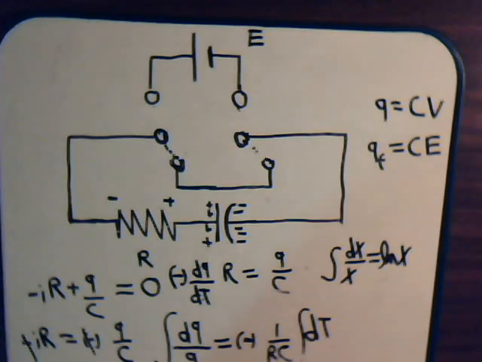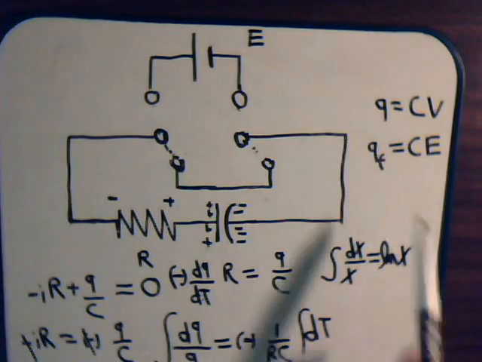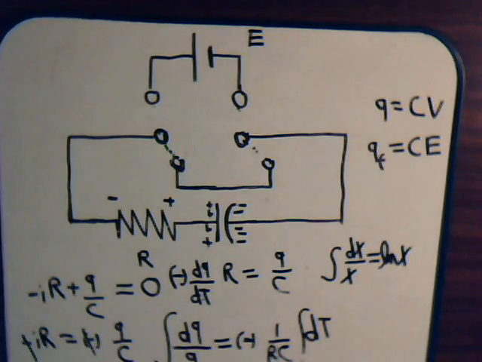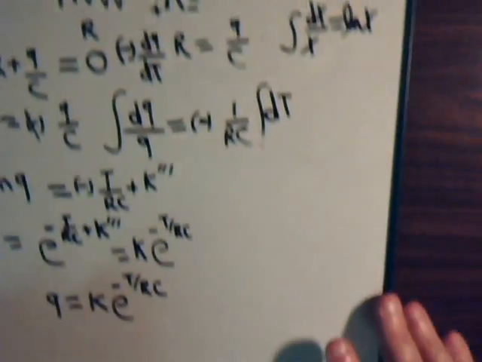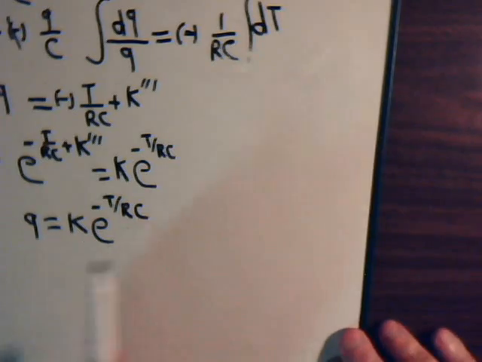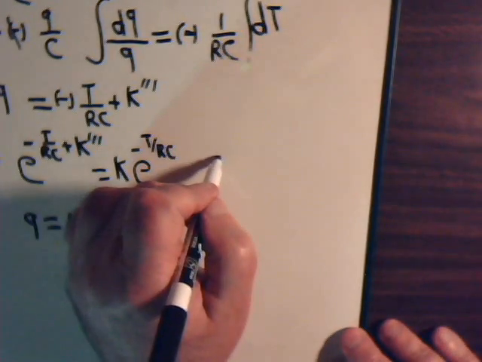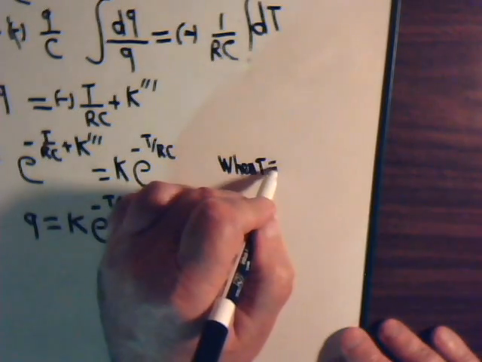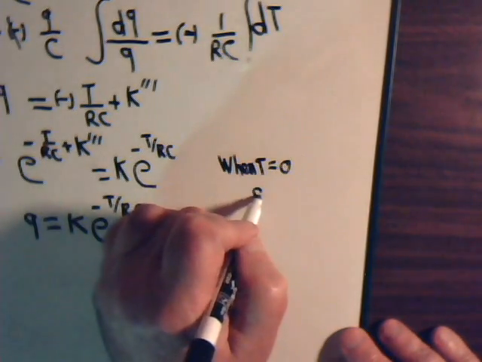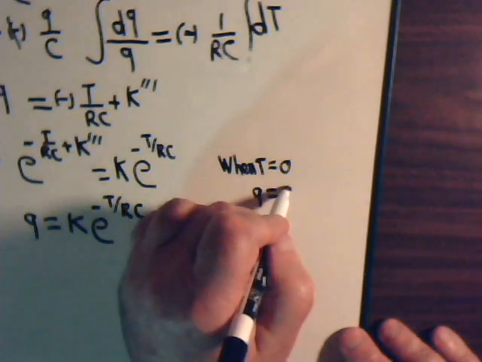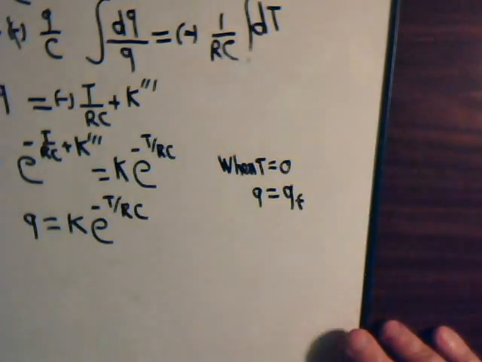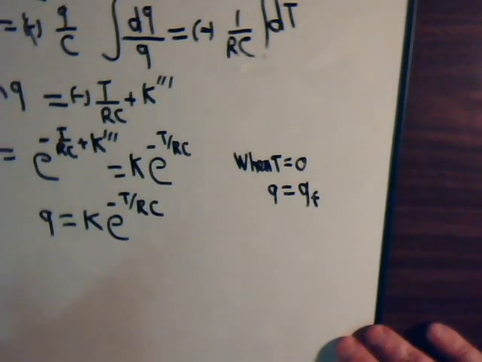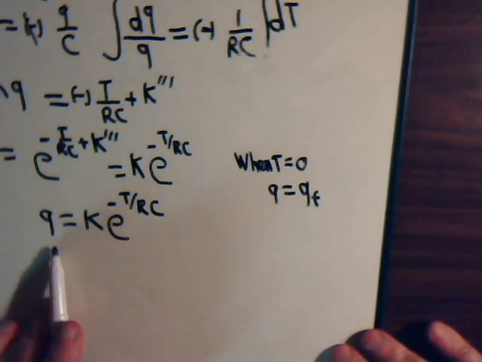At that moment in time when we do that, the charge on the capacitor was QF, its full capacitor charge. So here we can say when t equals 0, Q equals QF.